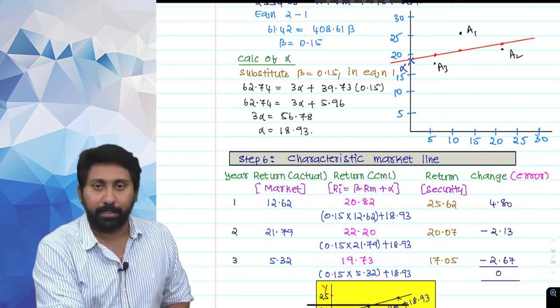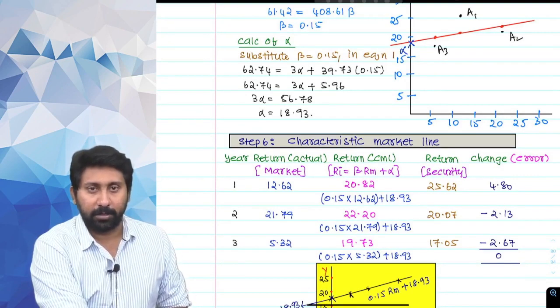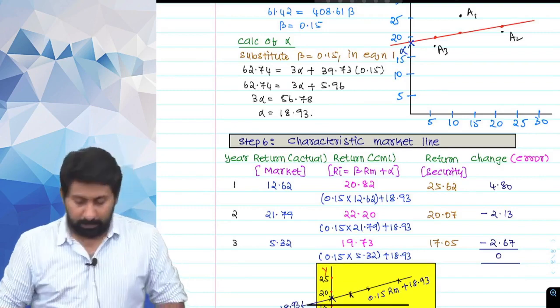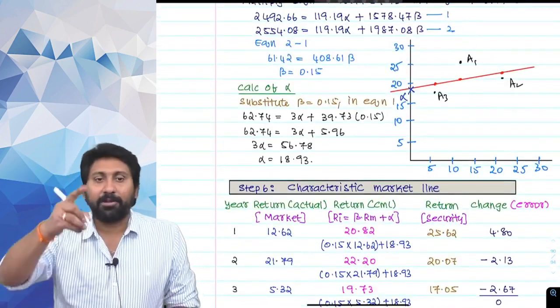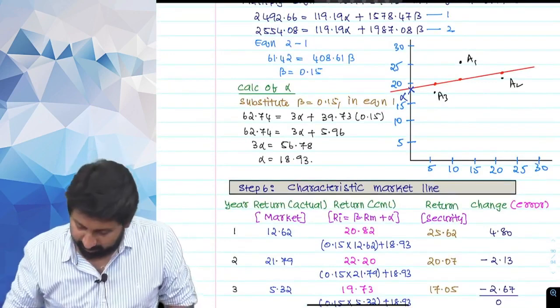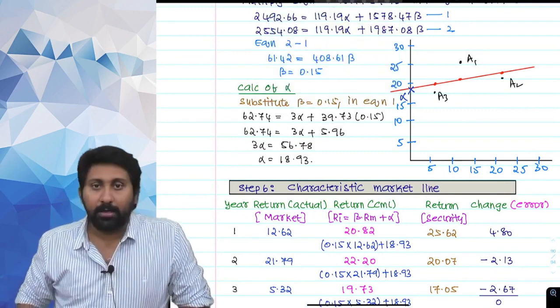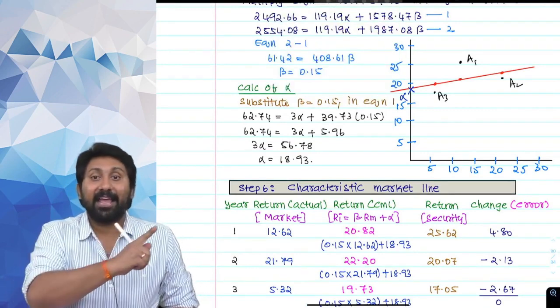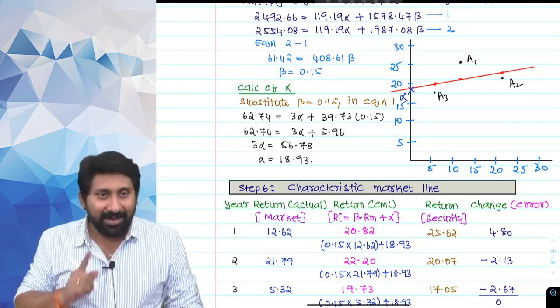Am I clear? Now listen carefully. Let's continue further. When you see the plotted points here, I will give you one analysis. The line exactly cuts the points in the middle. What do I mean by middle here?